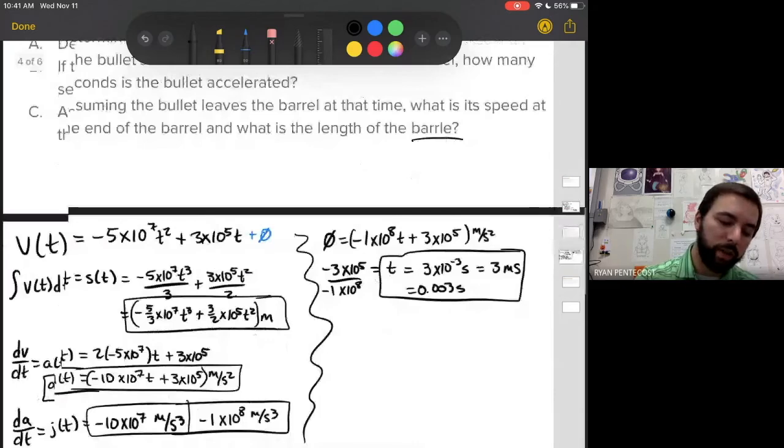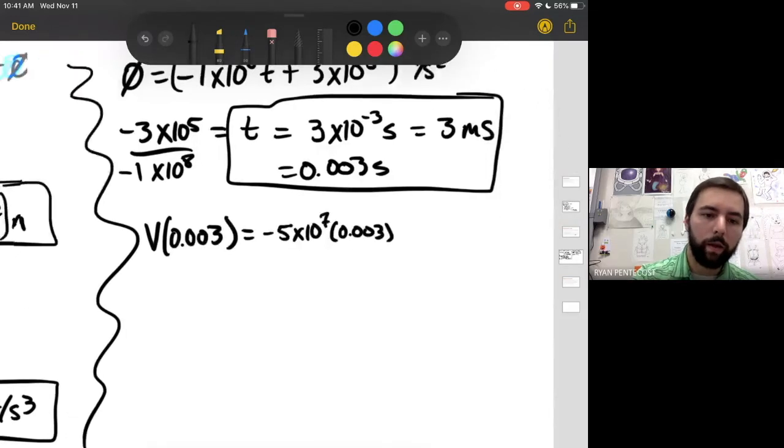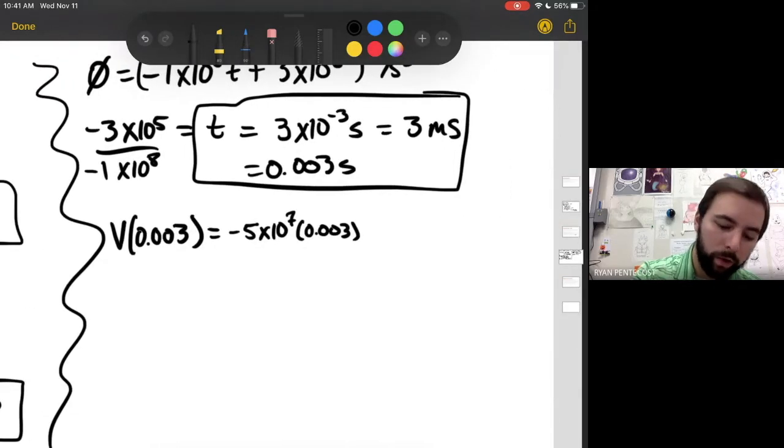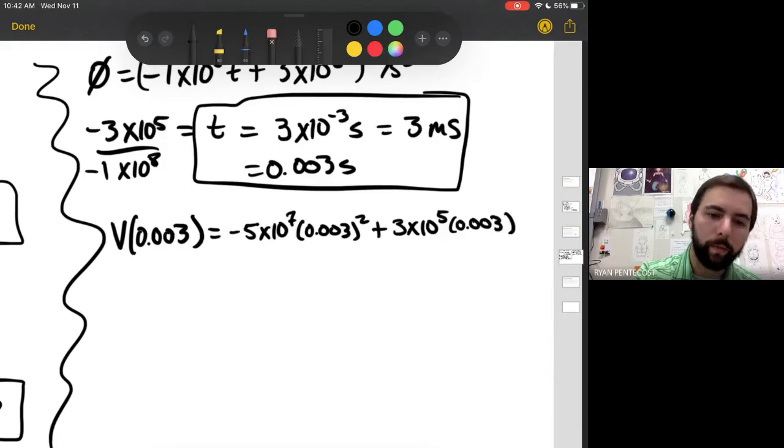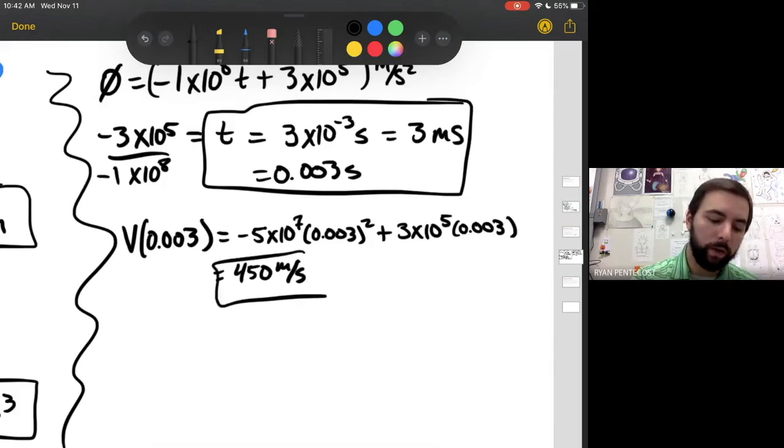So our velocity function for 0.003, that will look like negative 5 times 10 to the 7th times 0.003, and that will be squared. Then you have 3 times 10 to the 5th times 0.003. That is going to equal 450 meters per second once you put that into your calculator.